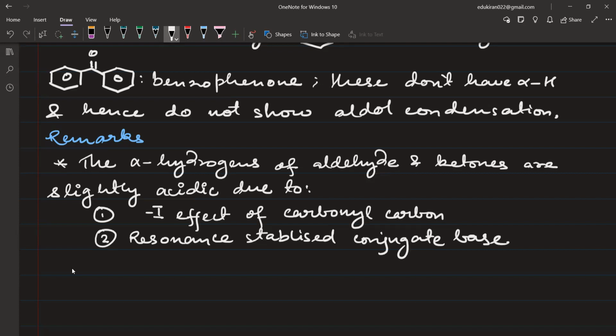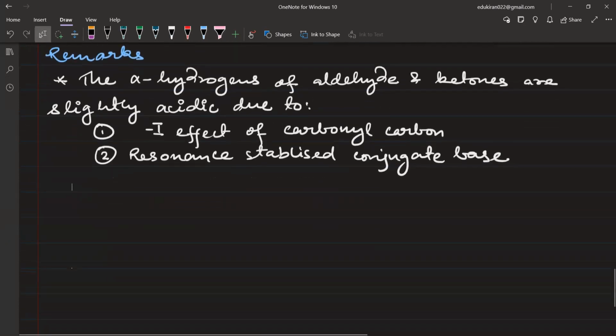So what is a good acid? A good acid is something that has a stable conjugate base.